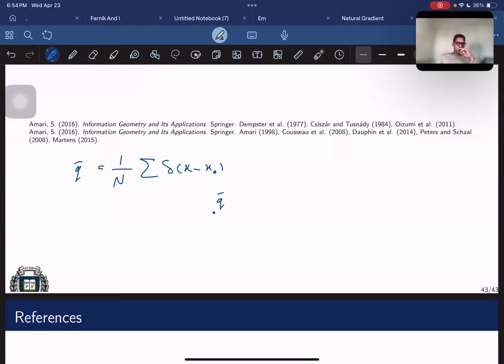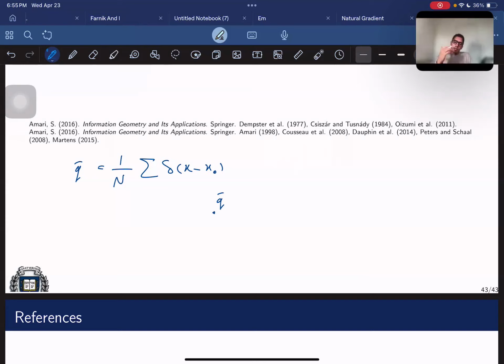Let me explain. For example, if you want to optimize over your training data, but you have this problem that maybe the data is biased, maybe some of the data is outlier, then how can you theoretically formalize your problem?